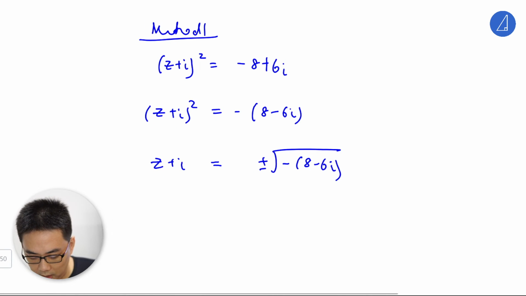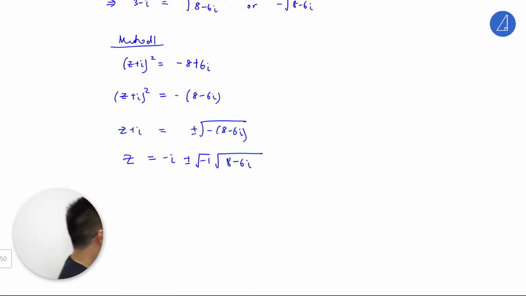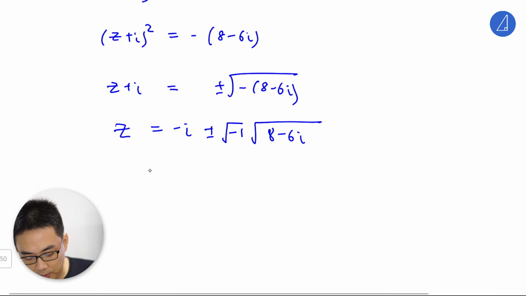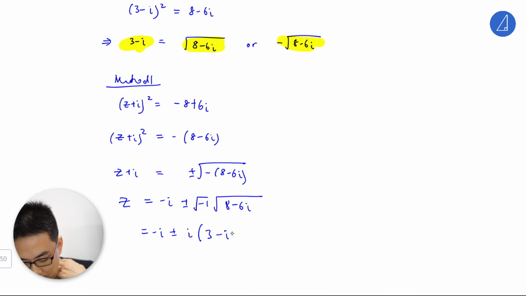Then z is equal to minus i plus or minus the square root of 8 minus 6i. The root of 8 minus 6i doesn't matter, because either this or this, we'll get 3 minus i from the first part. So this will be minus i plus or minus the root, and from the first part it is 3 minus i.